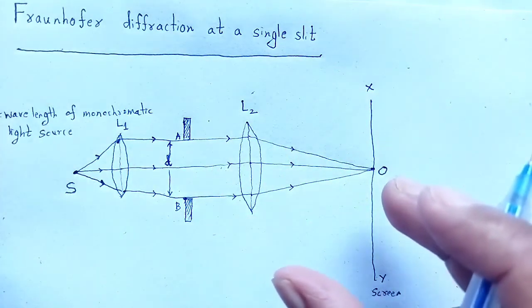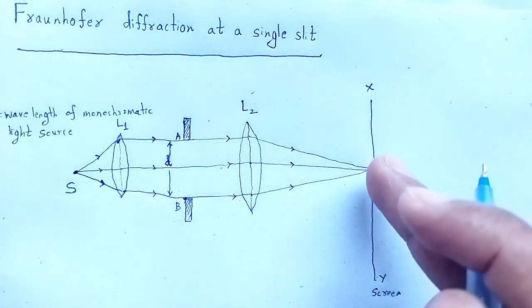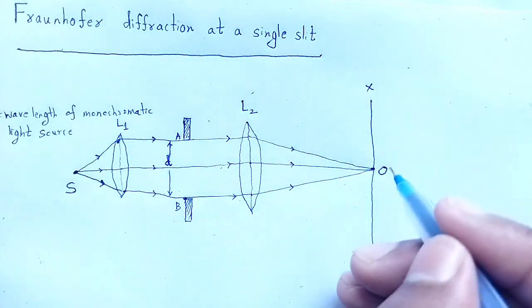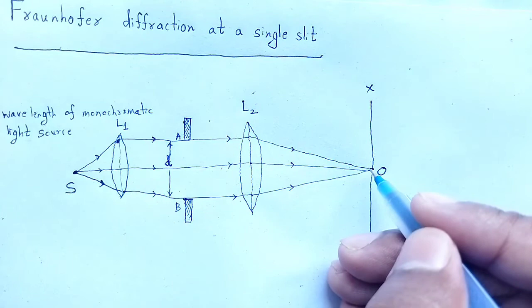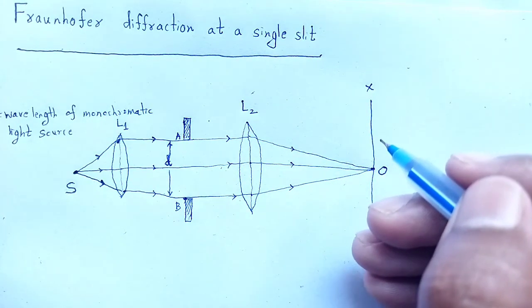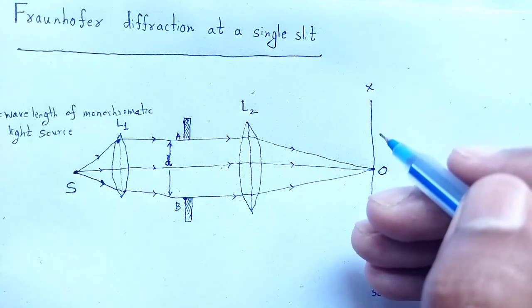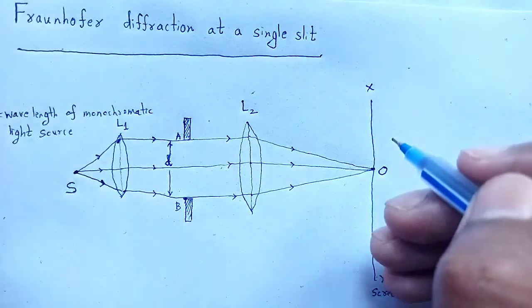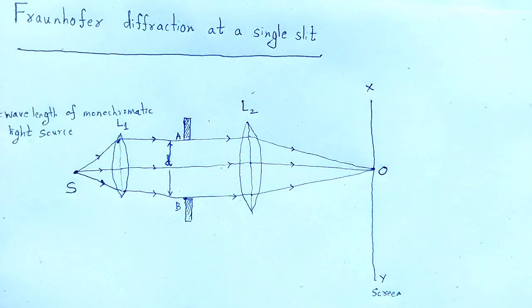The diffraction pattern obtained on the screen consists of a central bright band with alternate dark and bright bands of decreasing intensity on both sides.